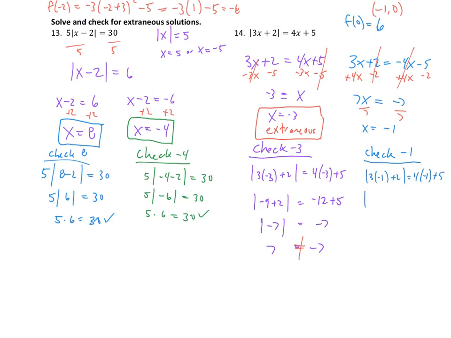On the left side here, I get -3 plus 2 in the absolute value, which is -1, which is 1. And then -4 plus 5, which is 1. So -1 does work. So there are my two answers for number 14. So that's solving absolute value equations and checking for extraneous answers.